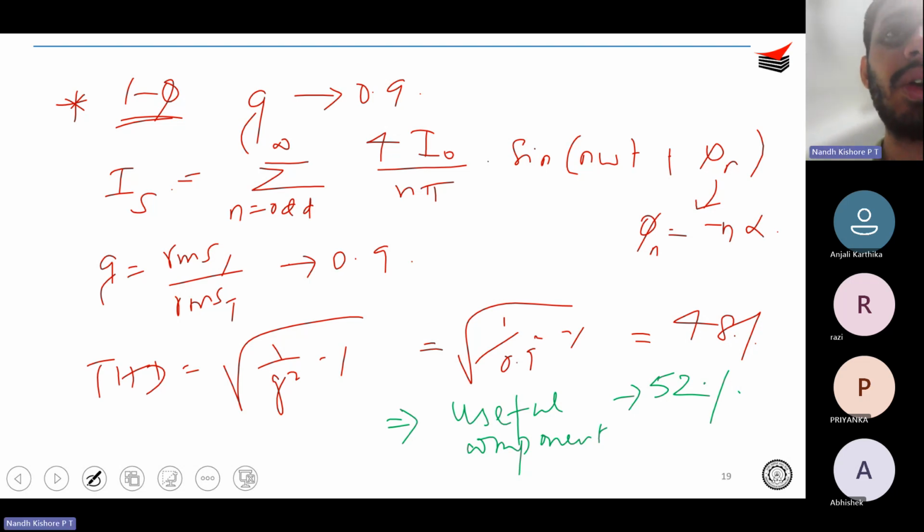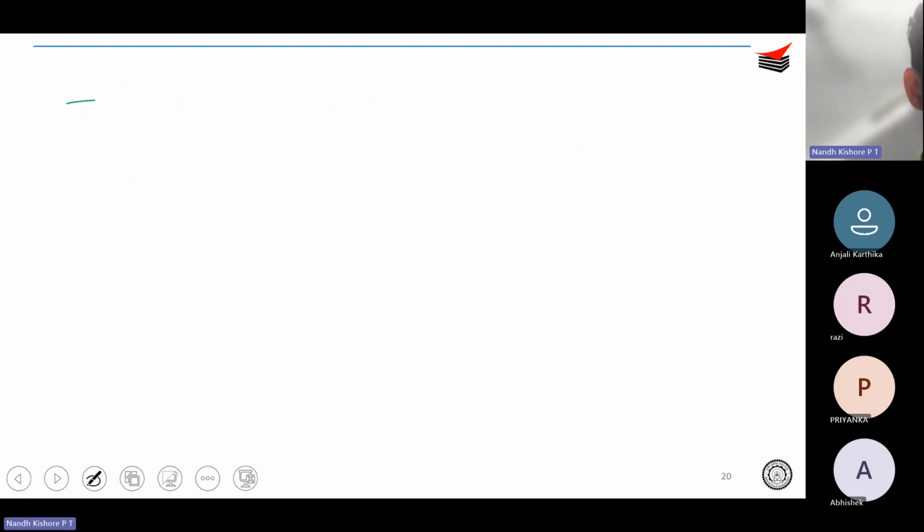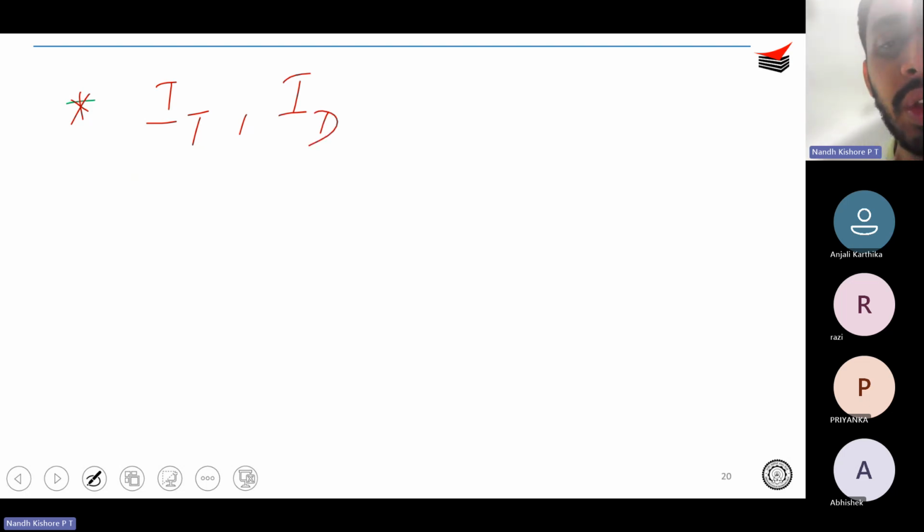So this is something we saw. And then we of course saw problems on what is the thyristor current or the SCR current, and what is the diode current in case there is a freewheeling diode, right? So we saw how to compute the RMS and the average.